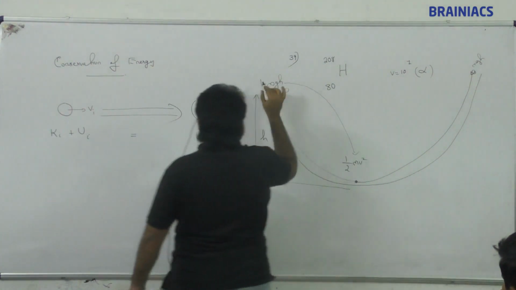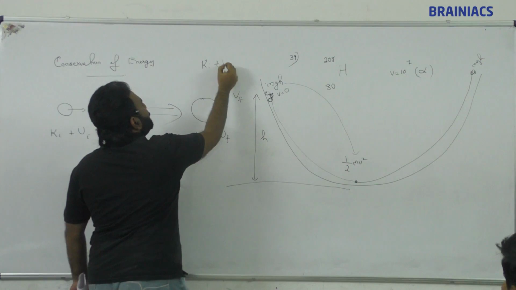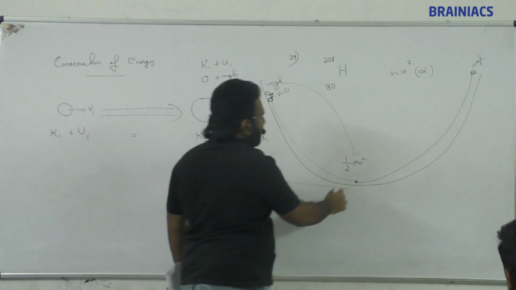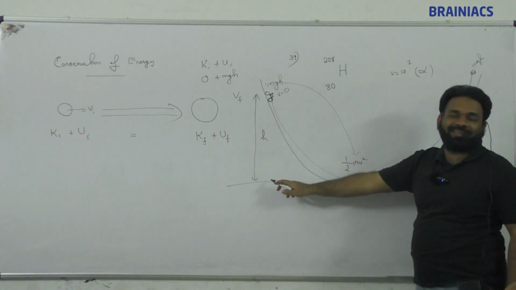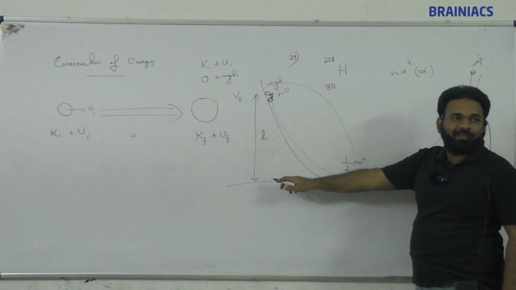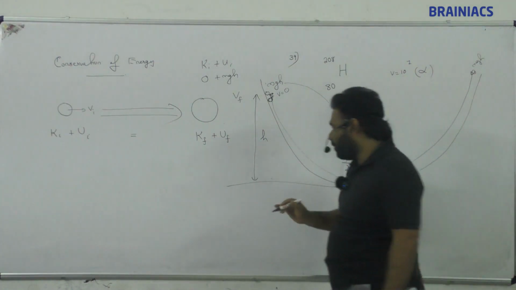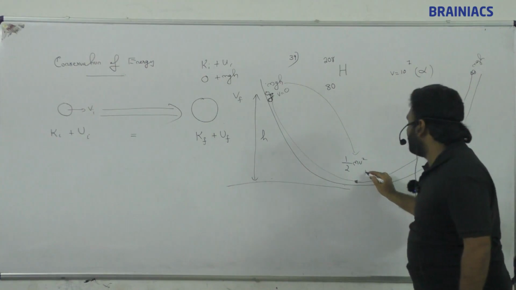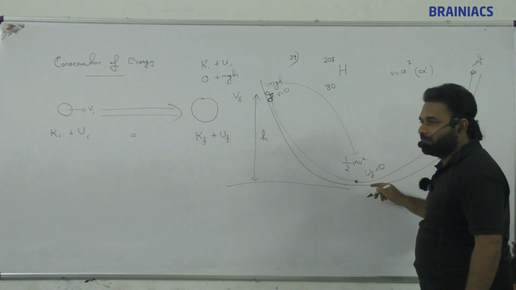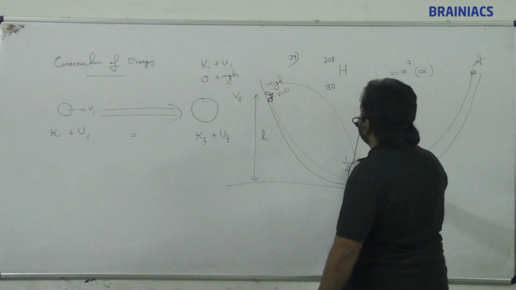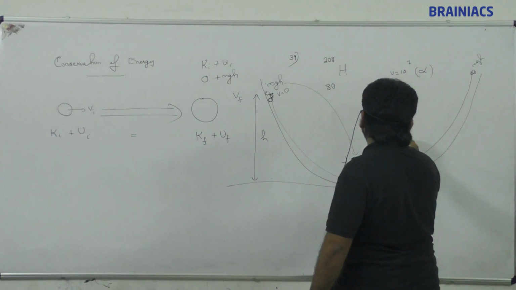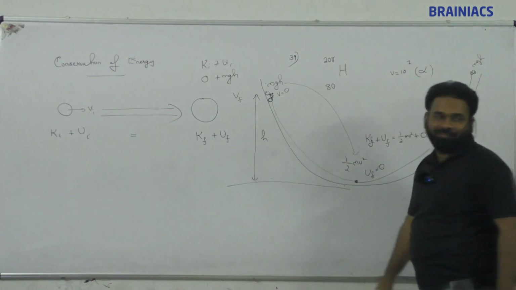Zero. So initial kinetic energy Ki plus Ui is 0 plus mgh. Here we are considering this height as 0, so the final potential energy is 0. So we can write final kinetic energy plus final potential energy is half mv square plus 0. Clear?